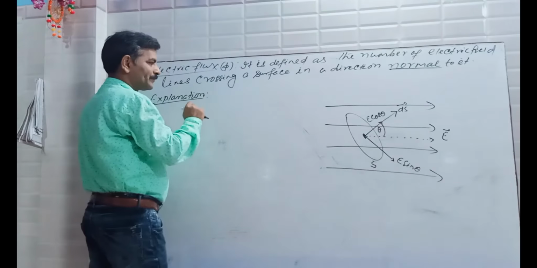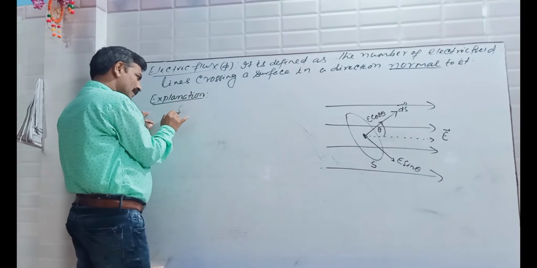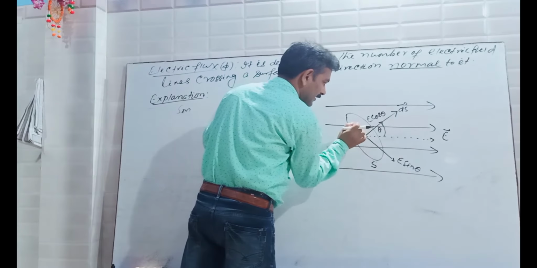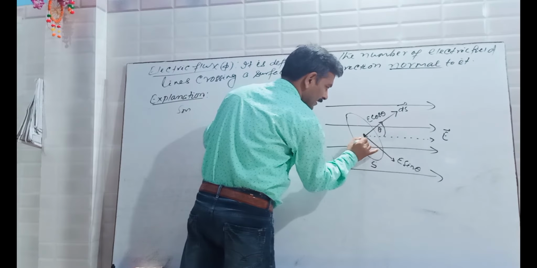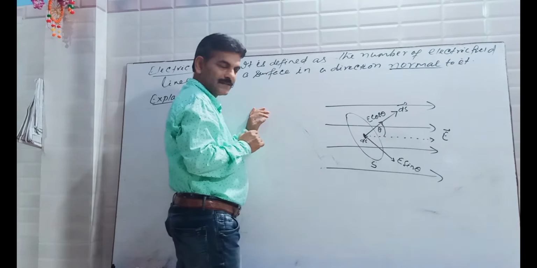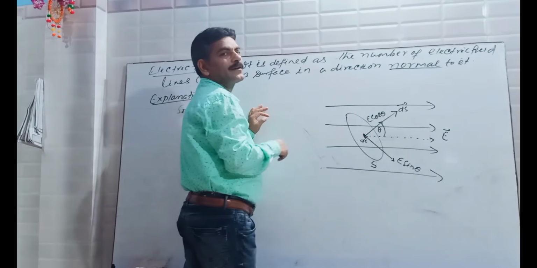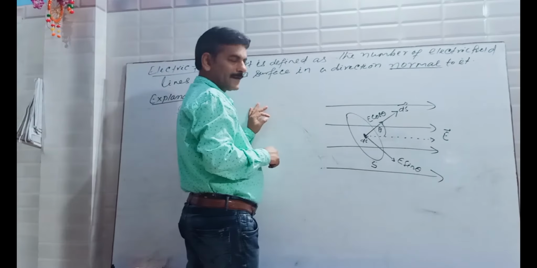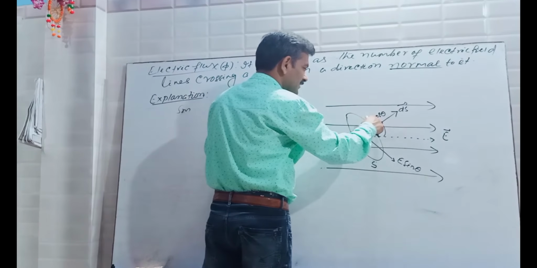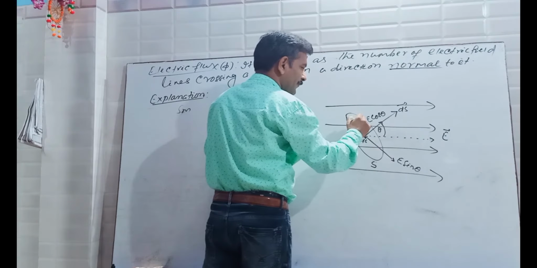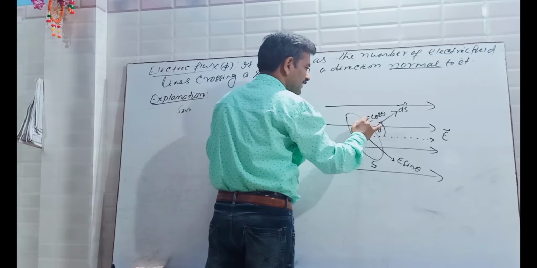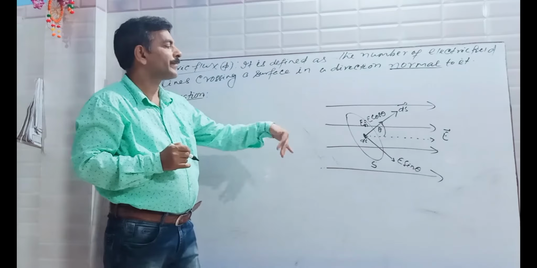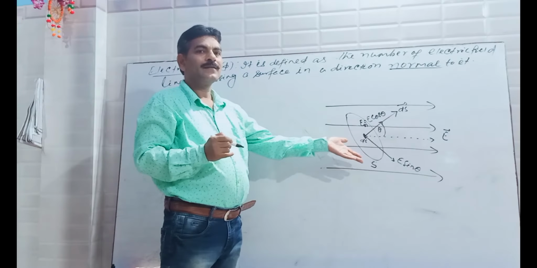So, you see, this small area has magnitude ds, and this is the ds vector. This component, since it is perpendicular to the surface, you can write as En, the component of electric field normal to the surface.